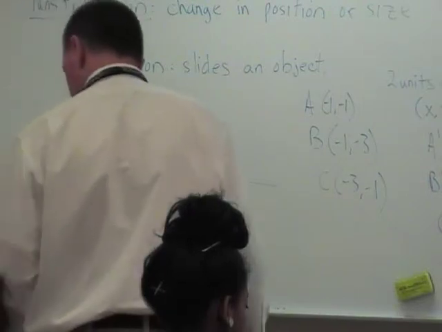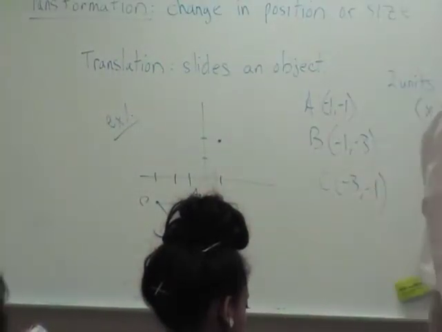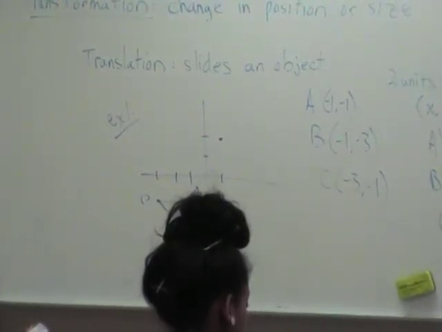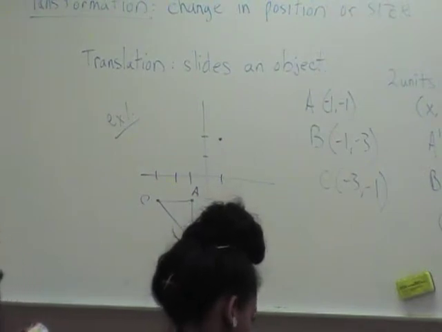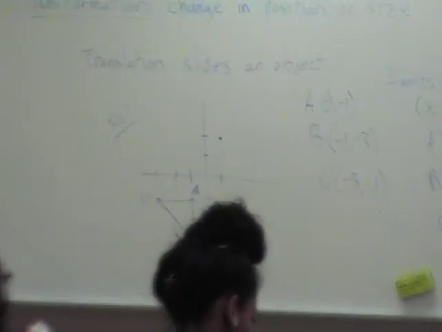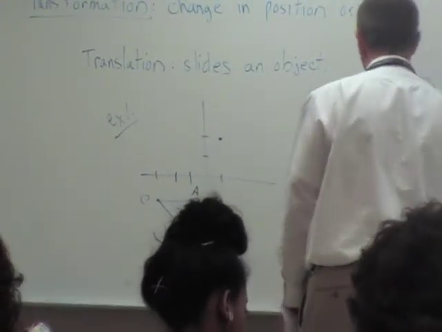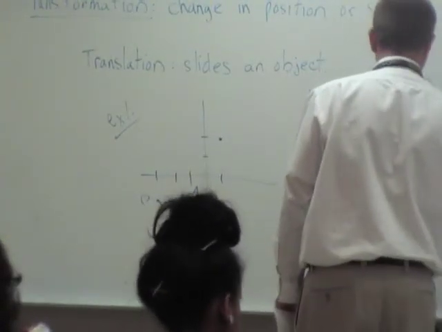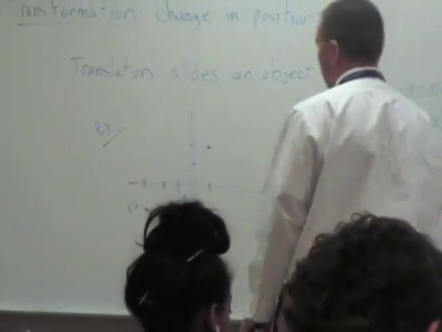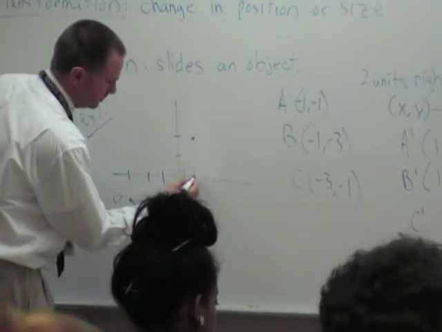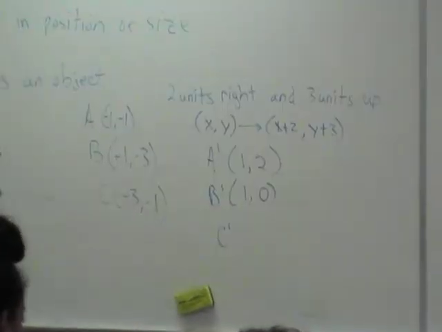Any problems? You've got to add everything correctly. So B prime is at 1, 0. Is that correct? Okay.